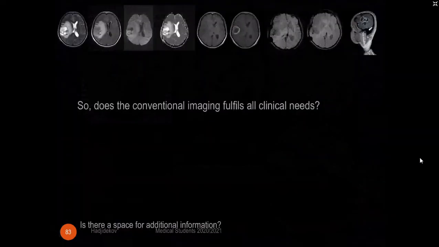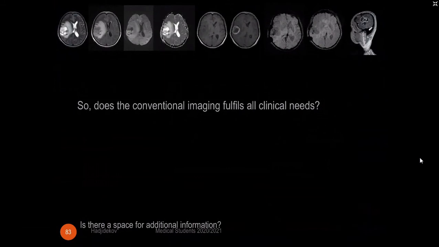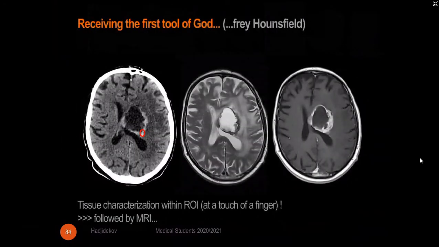So do you think that the conventional imaging methods fulfill all the clinical questions and all the clinical needs? Not always. Is there a space for additional information with the modern advanced techniques? Yes. So we have a few tools, and the first tool will be the Hounsfield units.